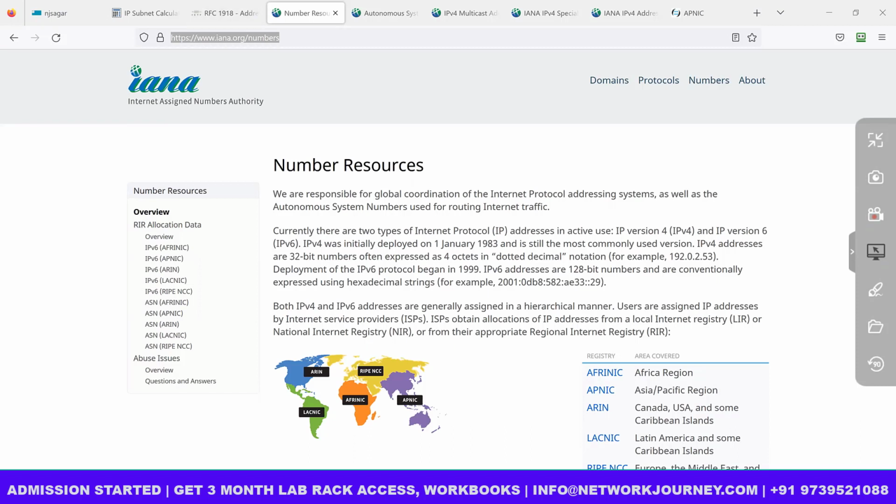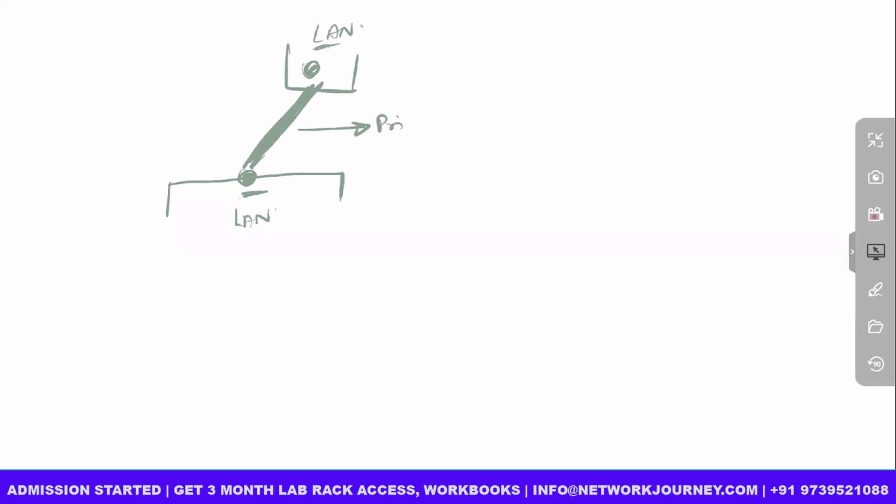Even if you try to, let's say this is your enterprise. There are some LANs, and this is where the service provider is. The service provider will have his own LAN on the back end. So at this point you will not see any private IP.